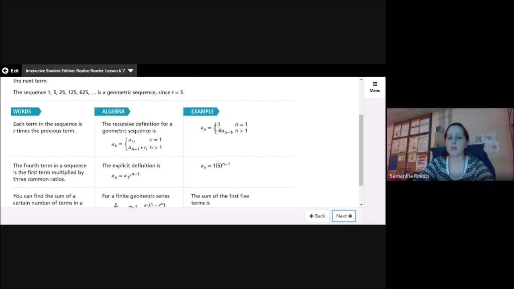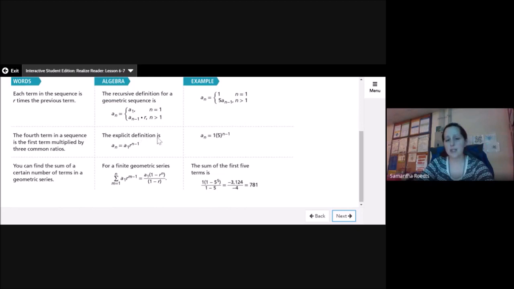So in our example where r equals 5, I have a sub n equals 1 when n equals 1, and 5 times a sub n minus 1 when n is greater than 1. The fourth term in a sequence is the first term multiplied by 3 common ratios. So the explicit definition is a sub n equals a sub 1 times r to the n minus 1. And in my example, again using 5 for r, a sub n equals 1 times 5 to the n minus 1 power.